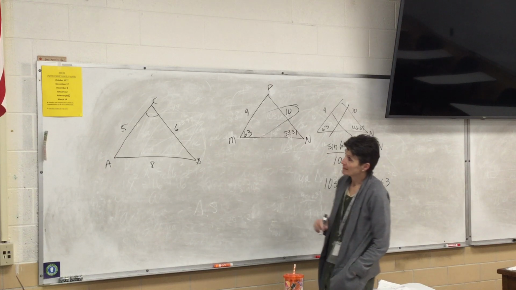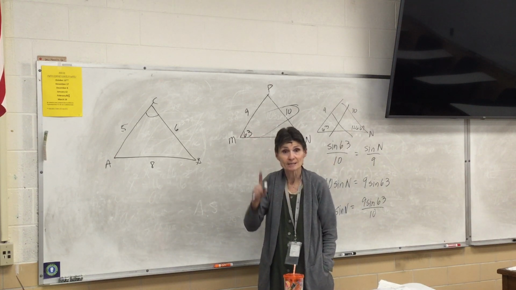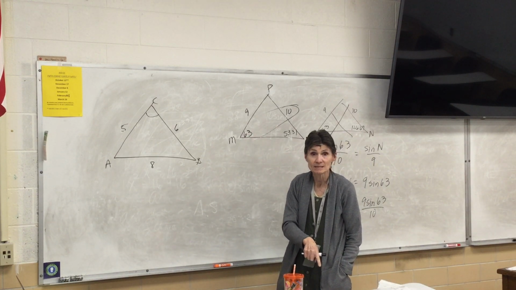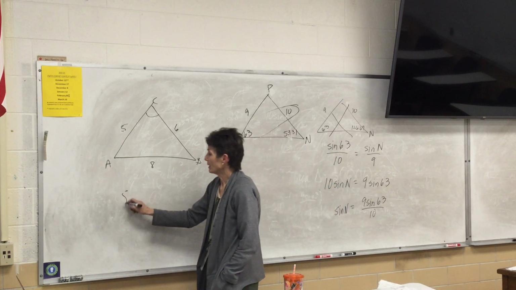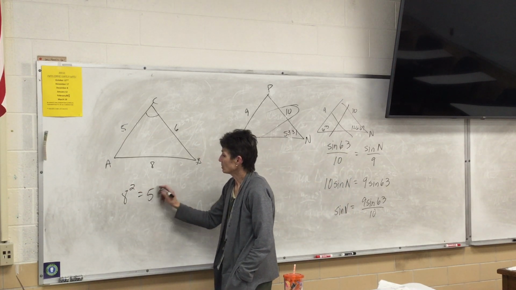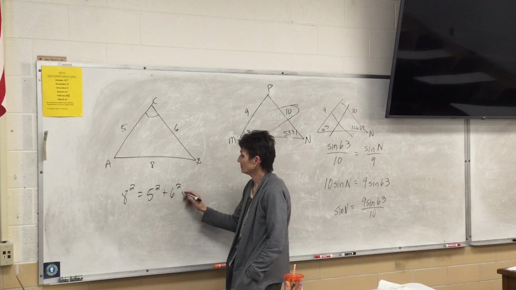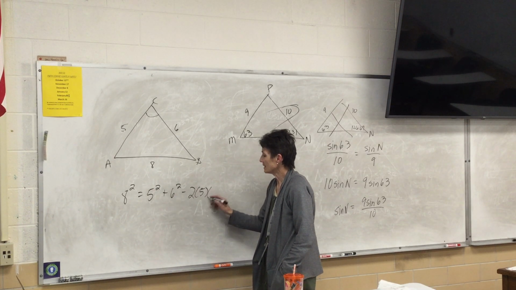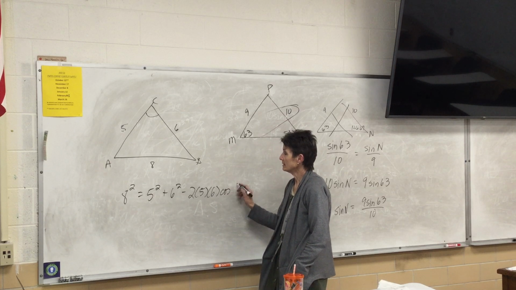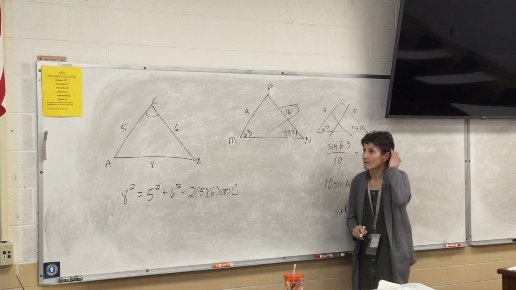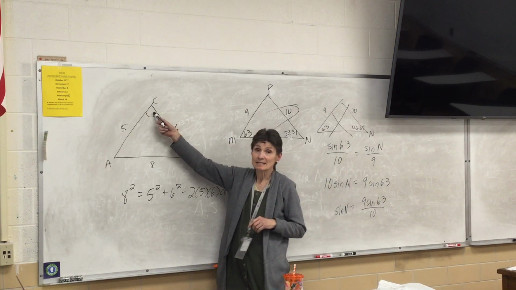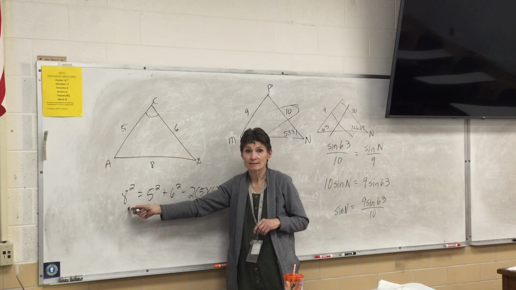Since I'm finding angle C, the largest angle, I'll have 8 squared equals 5 squared plus 6 squared minus 2 times 5 times 6 cosine C. That's my law of cosines, finding angle C, which is across from 8.